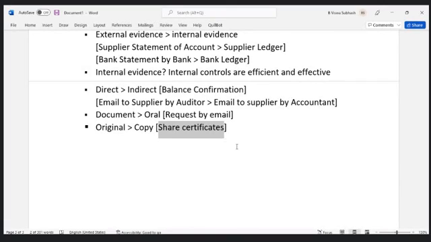If the share certificate is there, the company secretary will say, no, this is a very important document, I cannot take it out. But as an auditor, if you need that confirmation, you need to go to that extent of getting the original. You can just tell them, don't give me the original, but you hold it and show me so that I can compare with the copy document that you have submitted to me.